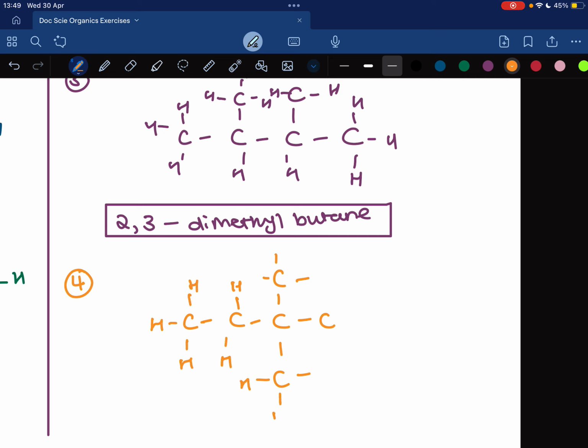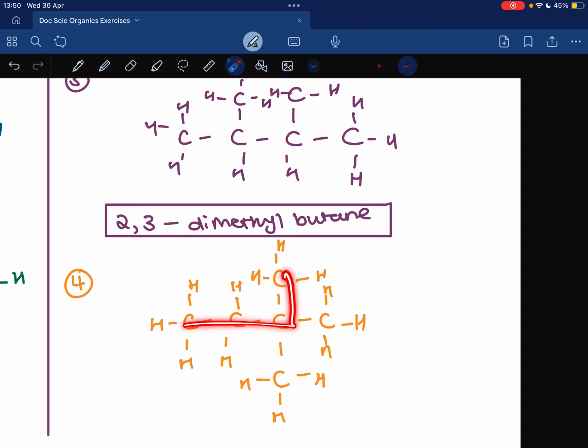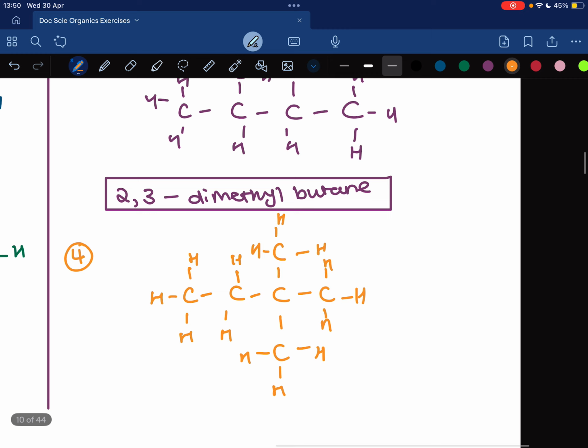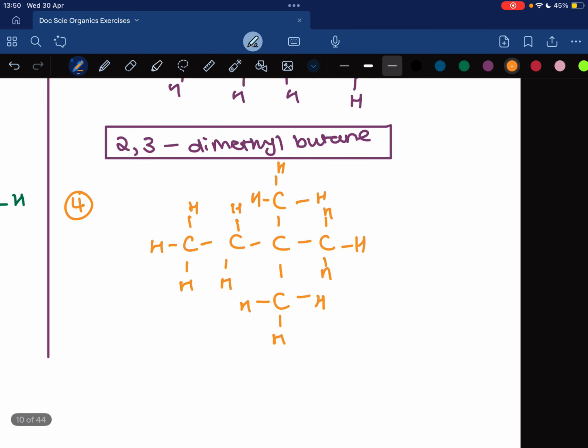And you can double check that it doesn't affect your longest carbon chain, that your longest carbon chain will still be butane, because you can't go 3, you can only go 4, or you can go 4 this way, or you can go 4 that way. It will still give you the same. So I'll number it 2,2-dimethylbutane.